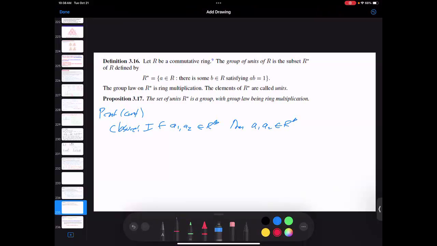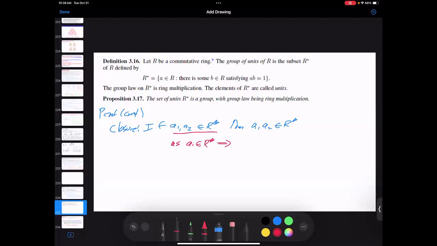As soon as I tell you that A1 and A2 are in R star, what information does that give us? What do you know as soon as I tell you A1 is in R star? Good. So we know its inverse is in R star, and we know that there's some element such that A1 times that element equals 1. That's what it means to be the inverse.